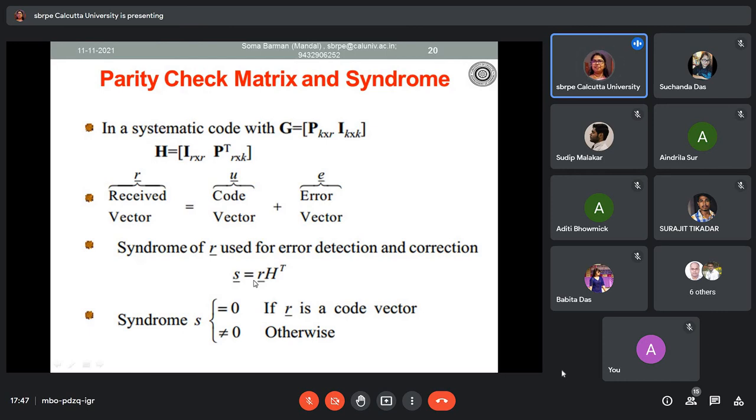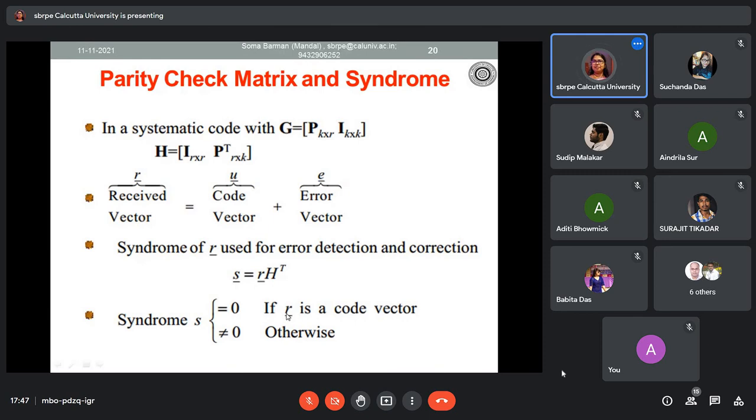R H transpose, because H is the parity check matrix, so we are operating the H matrix on R. R is U plus E, and U is generated from the generator matrix G. So if G H transpose is 0, or R H transpose is 0, that means no error.